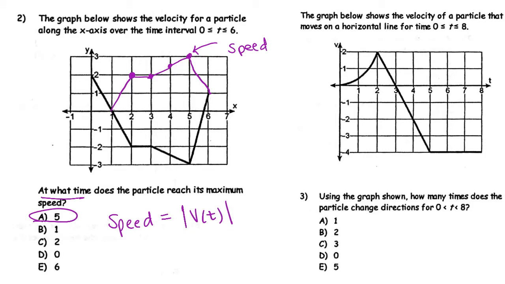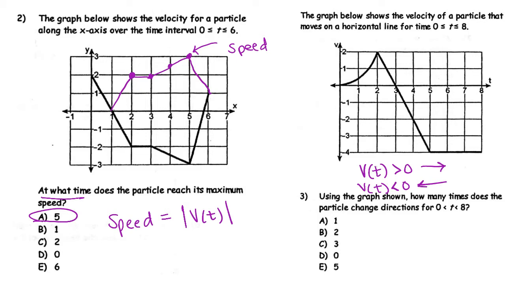Our next question, we are given the graph of velocity, and we want to know how many times the particle changes directions. So we know that when velocity is greater than 0, my particle's moving to the right. But when velocity is negative, then my particle's moving left.